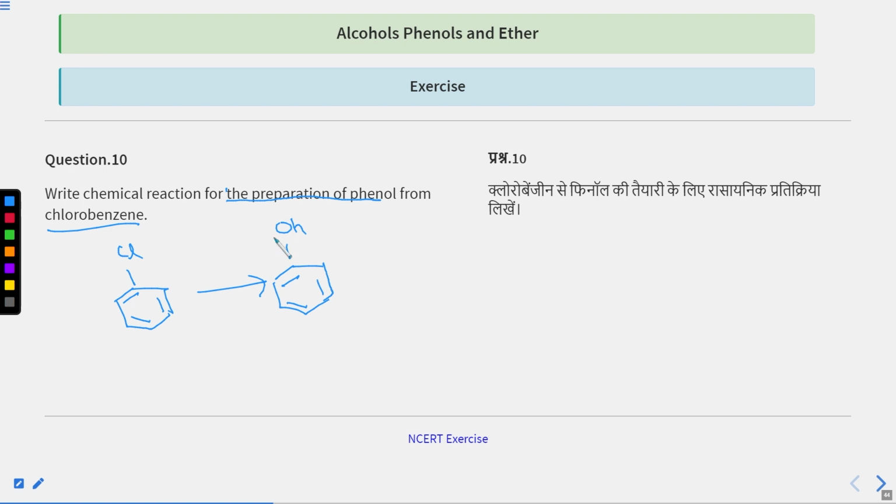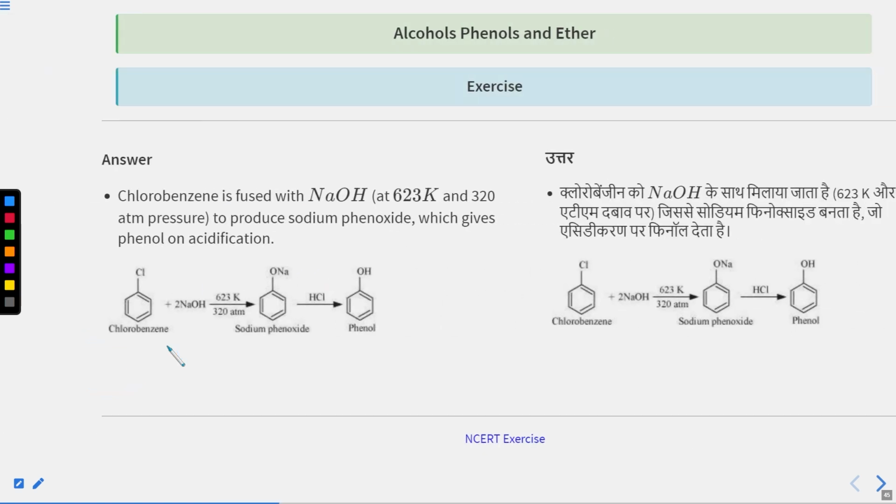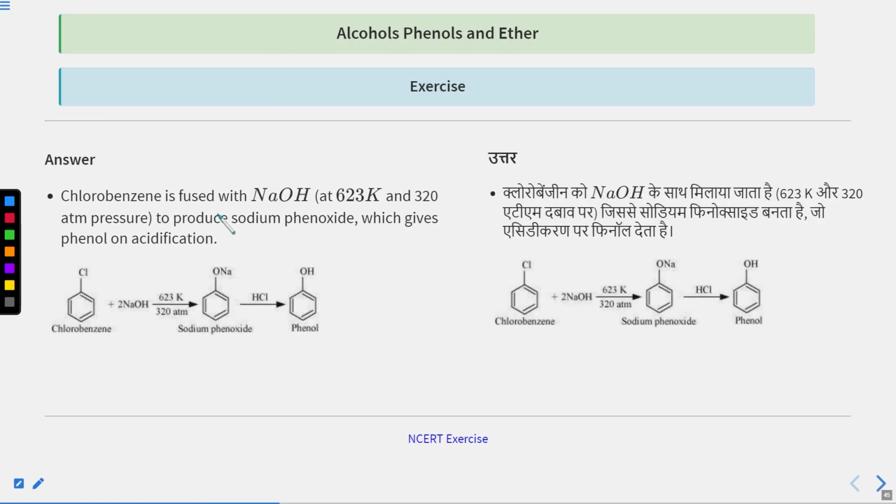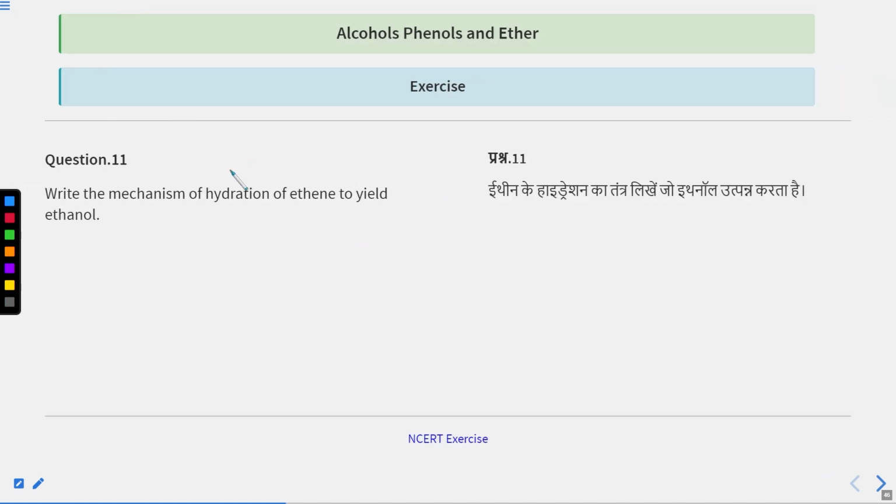First of all, you cannot do the SN substitution reaction, because benzene halide does not give this reaction like haloalkane does, right? So this has a special name reaction. We treat it with NaOH at high temperature and pressure, so that sodium phenoxide is formed, and at last we treat it with HCl.